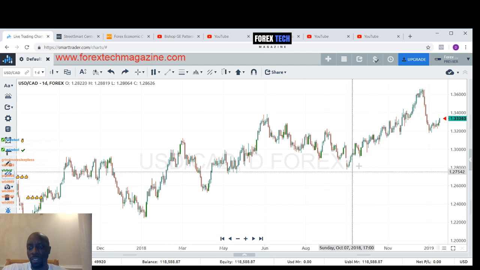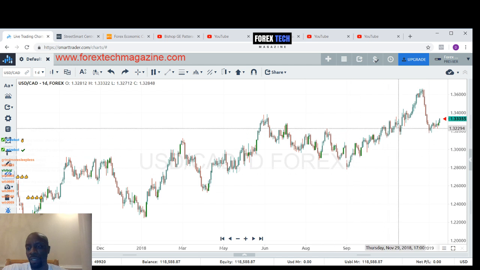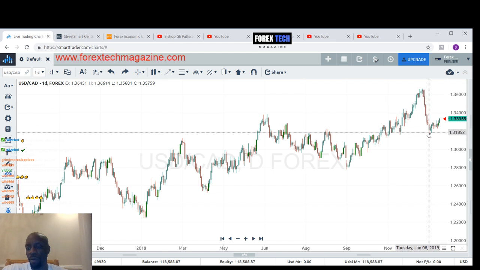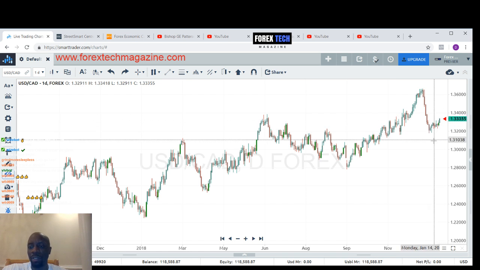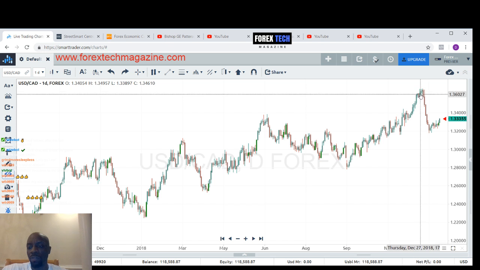This right here, of course, is a daily time frame, and as you can see, price as a whole is moving up, right? But then here, January 1st, it looks like we get this huge drop off. Now price is beginning to push back up again. So what is that telling us? That maybe from here to here, this is the move up.